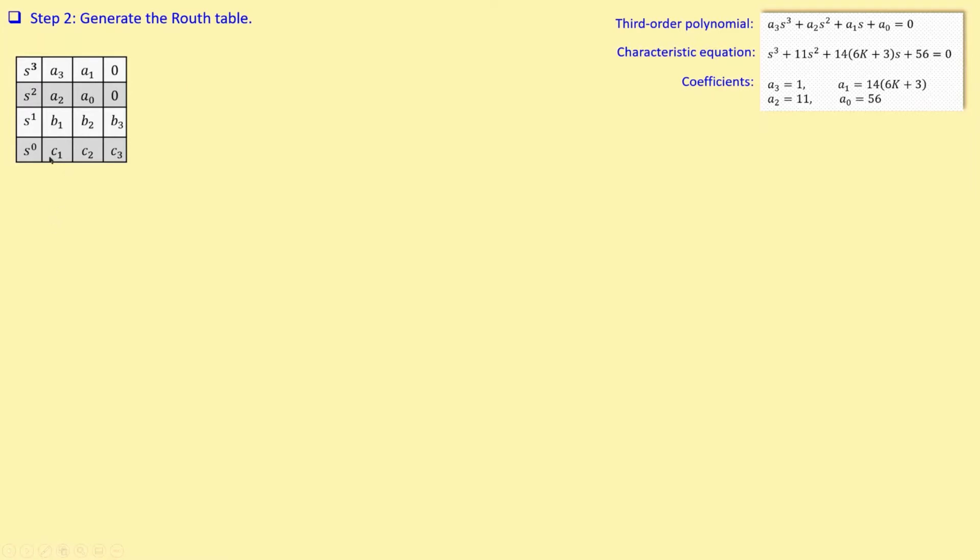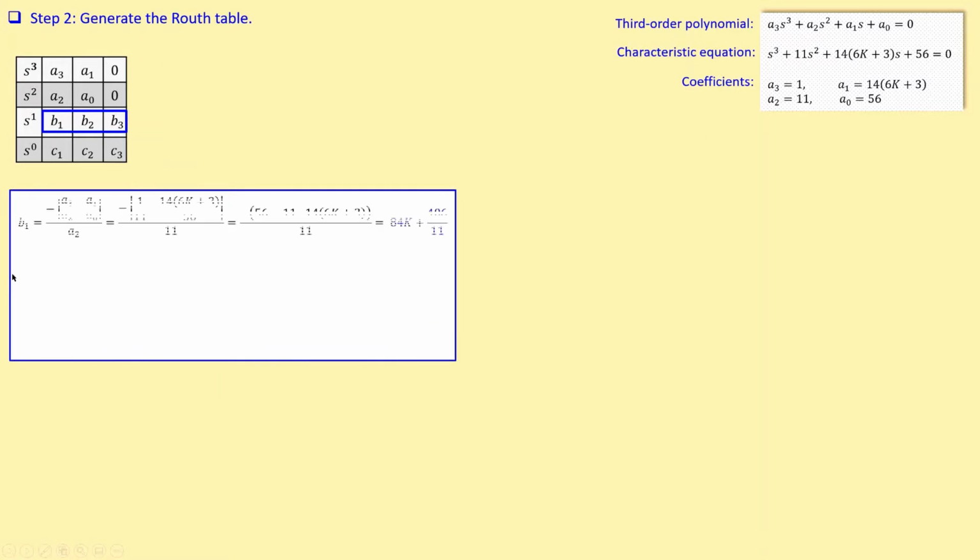So, first look at the first row here, because I need B1, B2, B3, and C1, C2, C3, but of course I'm interested especially in the first column. So let's first look at this row of s to the power 1. Now again, we use the familiar formulas for B1, B2, B3, and later on for the others.